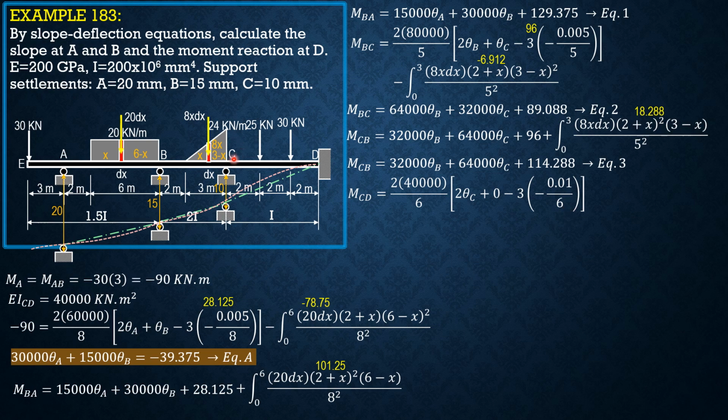Fixed moment at C is negative. There are 2 loads, so negative 25 times 2 times 4 squared over 6 squared, and negative 30 times 4 times 2 squared over 6 squared. So the whole of this is negative. Simplifying MCD, this 2 times 40,000 over 6 times 3 times 0.01 over 6 is 200 over 3.